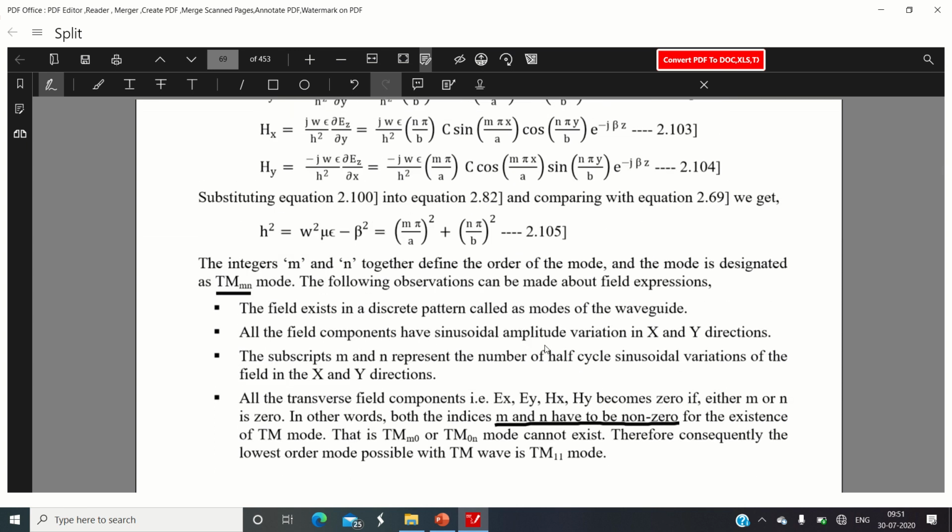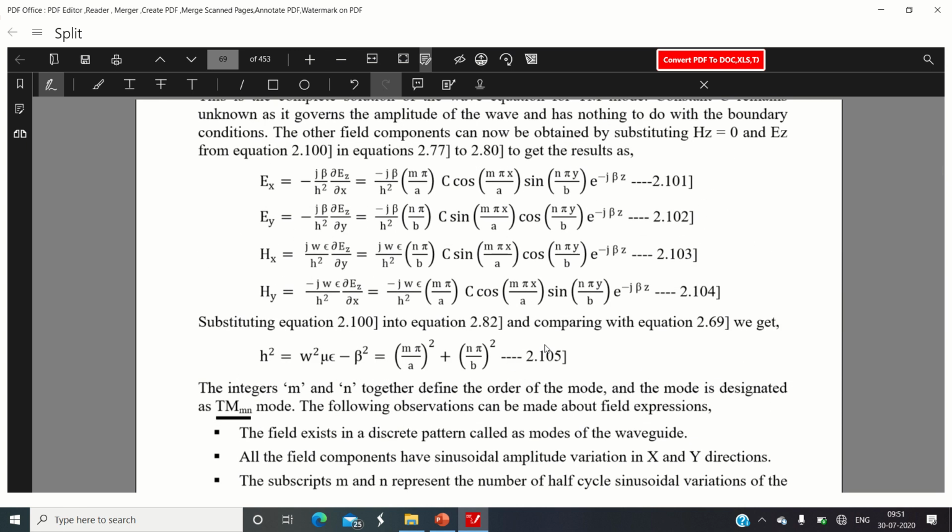Only if the small m value and small n value are non-zero will these components exist. On the other hand, if m is equal to 0 or n is equal to 0, all these field components will become 0. So what is the necessary condition for the transverse field components to exist?